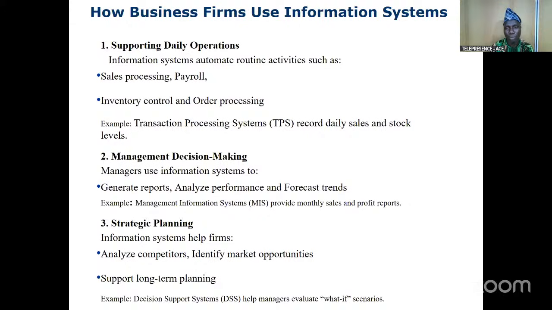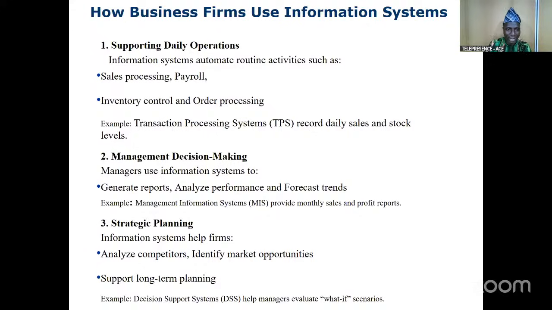How business firms use information systems. There are various ways in which different business organizations use information systems. One of the ways is to support the daily operation, and that is the most common one. Every day there are different operations going on in different organizations. There is need for an automated processing system that will enable the business organization to function efficiently.